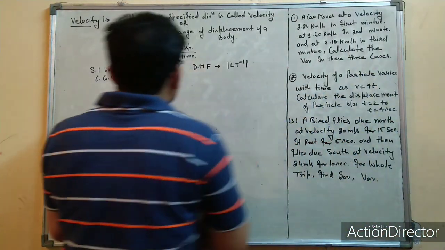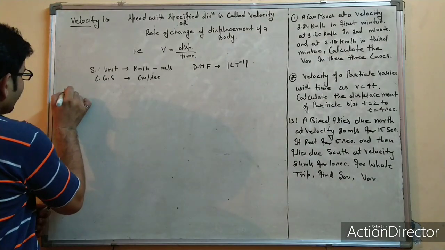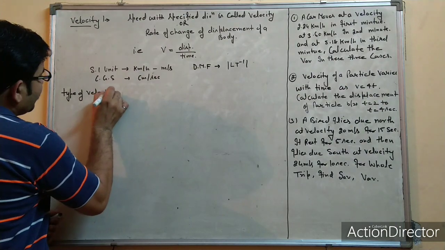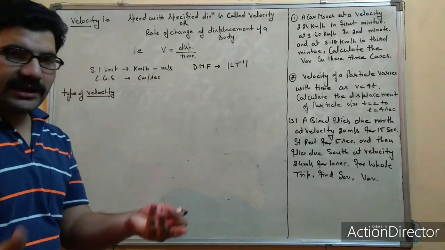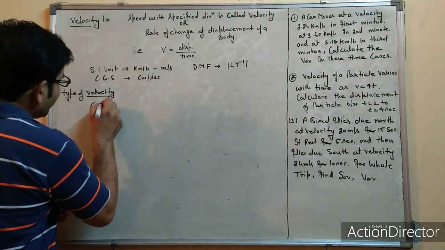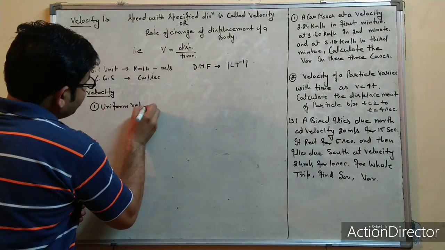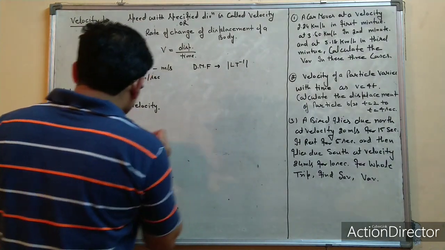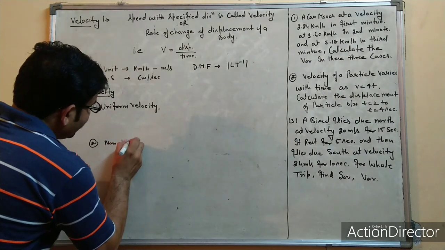Now, the question is how many types of velocity are there? Actually, as usual, there are four types, just like speed. First, uniform velocity. Second, non-uniform velocity.